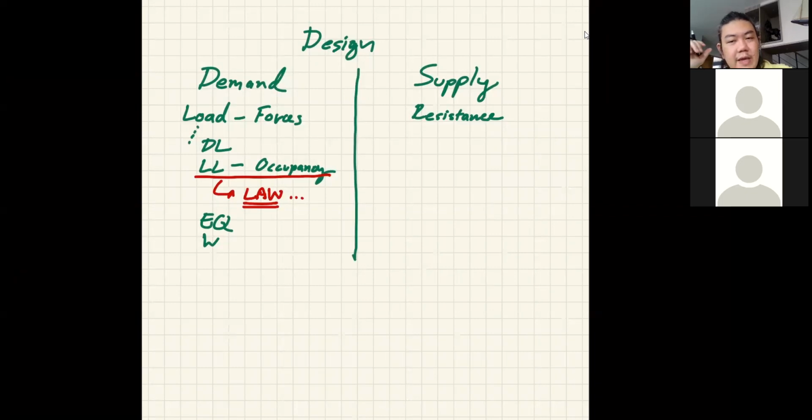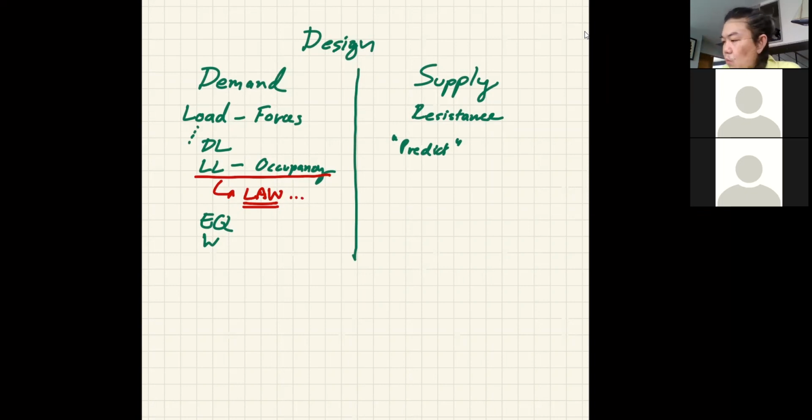Okay, so the key word here is to use the word predict. Because this is a real thing. Nobody knows what's going to happen in the real world. How can you say one piece of member is going to take this and that much force exactly? We never know. So what we can do at best is to predict the strength of our member.